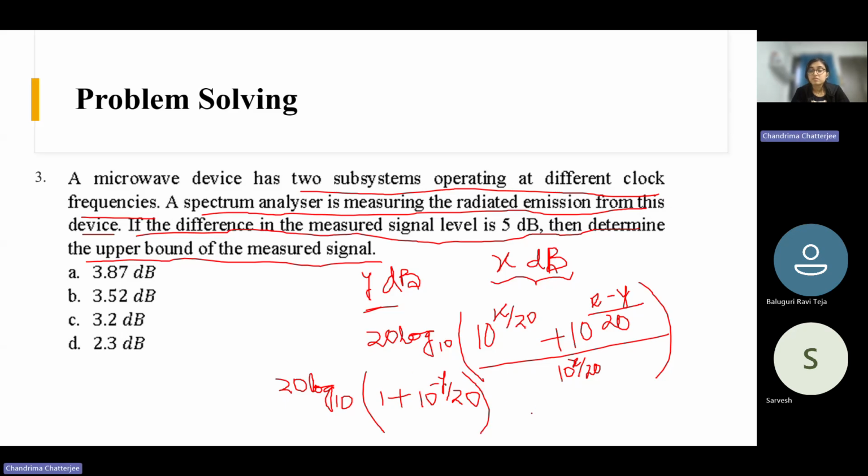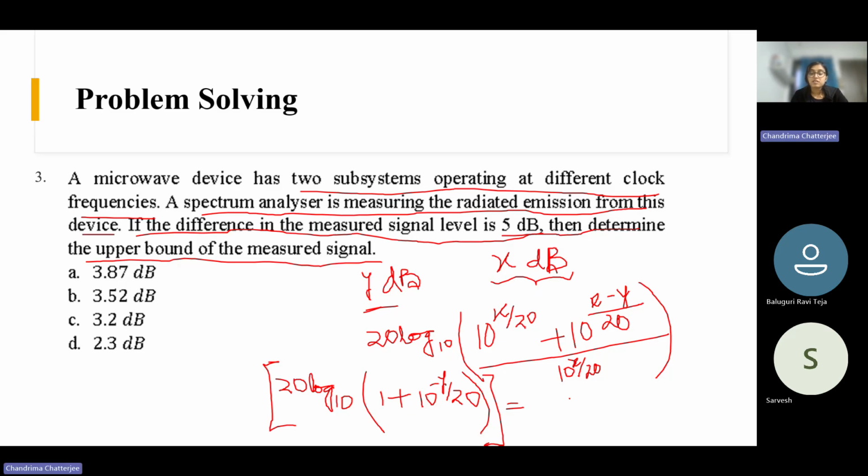Okay, so this is the formula. So here the difference in the measured signal level is 5 dB. y is given, y is equal to 5. Determine the upper bound of the measured signal. So you just calculate this part.